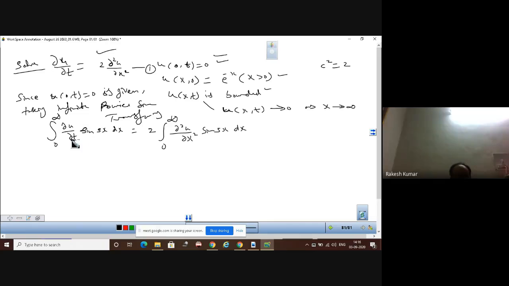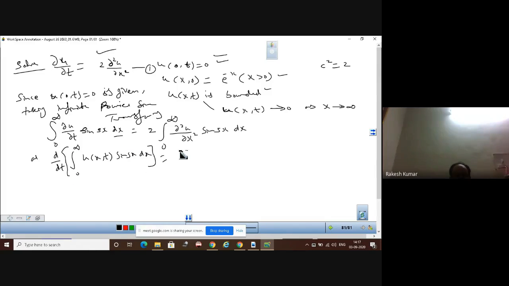Now in the next step, this is a very common step, because this is the integration with respect to x, but this is the derivative with respect to t. You can write this as d/dt of the integral from 0 to infinity of u(x,t) sin(sx) dx.